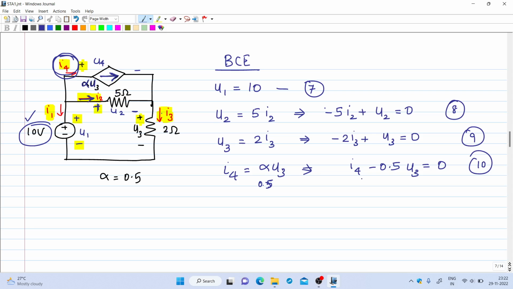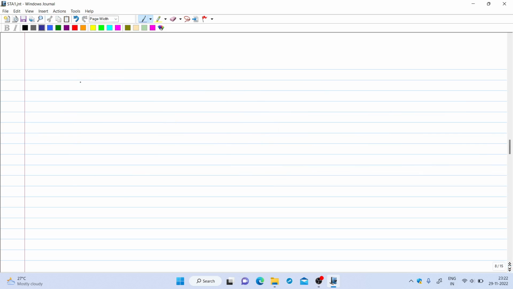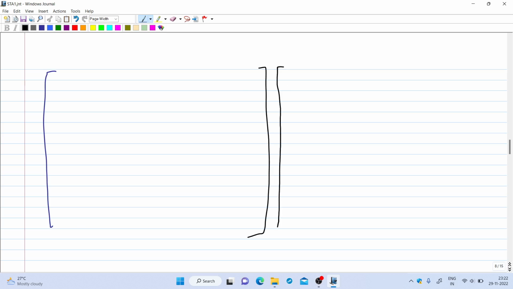If you arrange these 10 equations in matrix form, that will give you the STA matrix. So let us try to write that also. It will be a 10 by 10 matrix multiplied by the column vector.